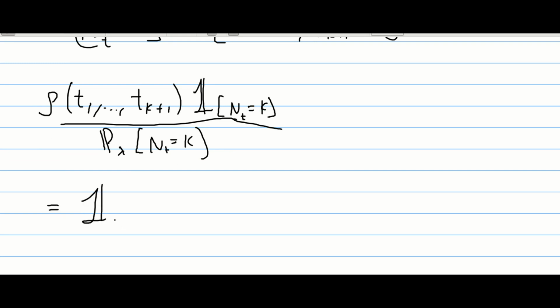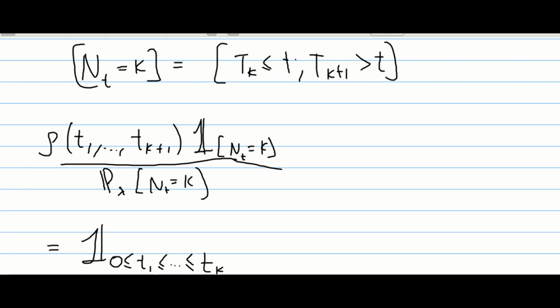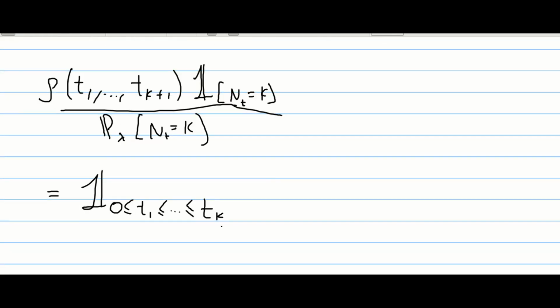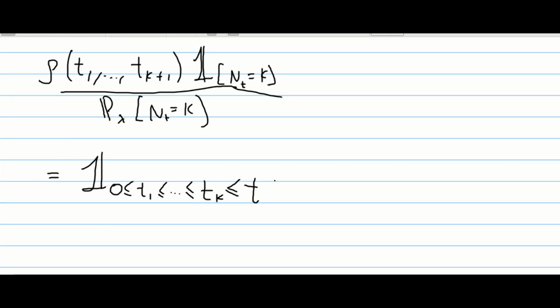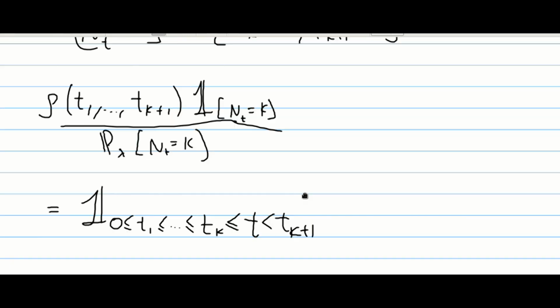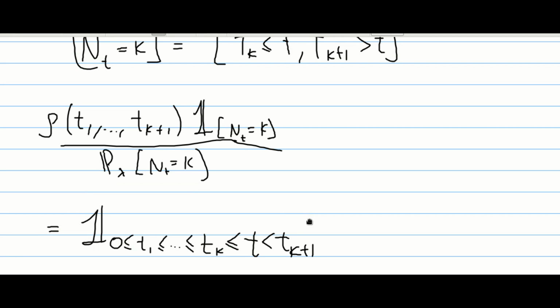We calculated it's the indicator of the order until t_k. And now since we are intersecting with T_k smaller or equal to t, we have to bound the little t_k that we are integrating as well. And since t_{k+1} is bigger than t, we have to put t_{k+1} here. So we took care of this intersection.